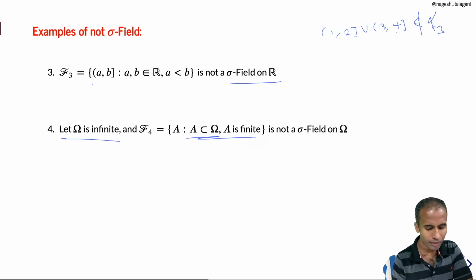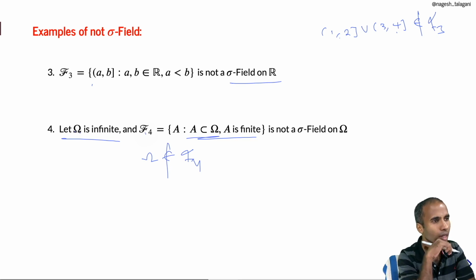The simple reason is, we know from remark 1 that omega itself must be a candidate in the sigma field, right? But that is not the case because omega is infinite, but script F4 consists of only finite subsets. So omega is not a candidate from script F4, so it cannot be a sigma field. That's enough reason to say that this is not a sigma field.